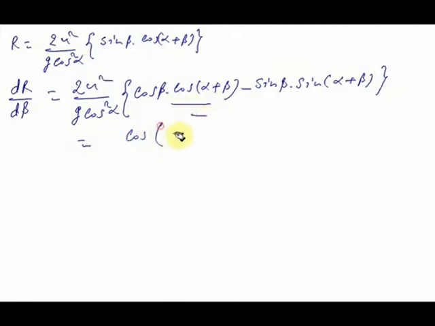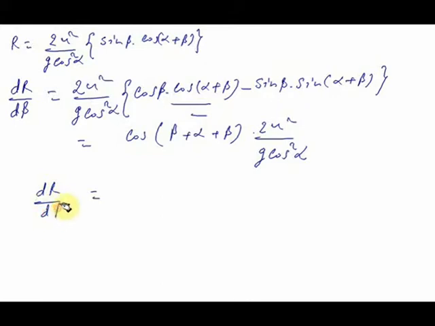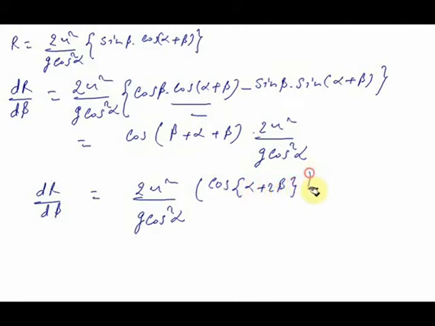So this term is nothing but cos of alpha plus 2 beta, so we have dR by d beta as 2u square by g cos square alpha into cos alpha plus 2 beta.